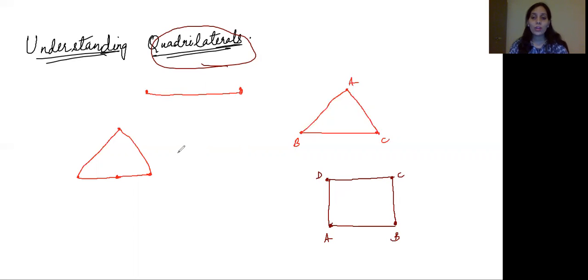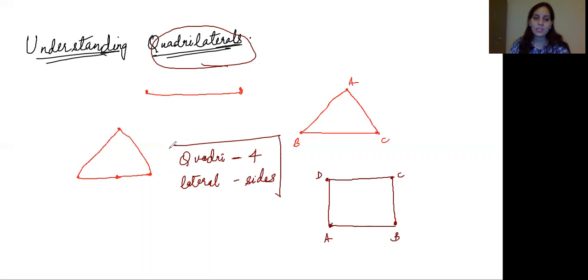To explain this more, if I break the word quadrilateral into two parts, quadri means 4 and lateral means sides. Which means a quadrilateral is a four-sided figure, right? Is this clear to everyone?